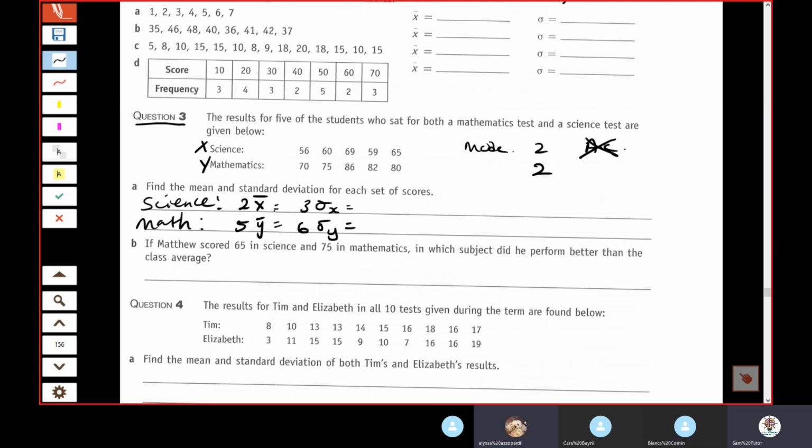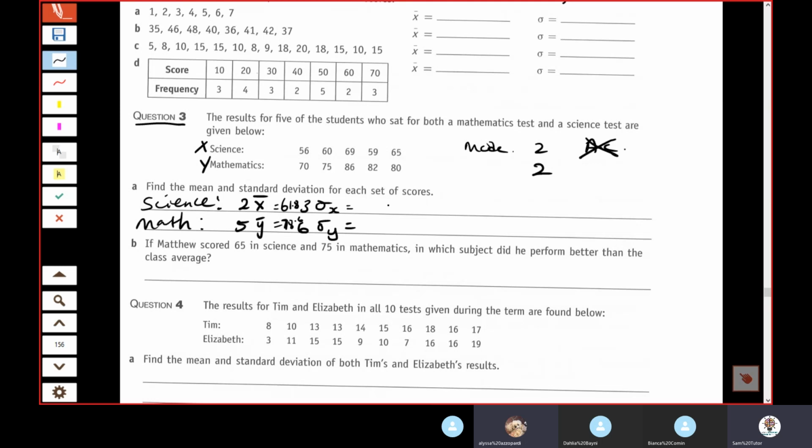Well, I got the mean for science is 61.8. 60.8? 61.8. Yep. And then Shift 1, and I got for math 78.6. 78.6, perfect. So everyone's confirming so far? We're all happy with that? Yeah, that's good. And standard deviation for science, it comes up with like 4 point something.